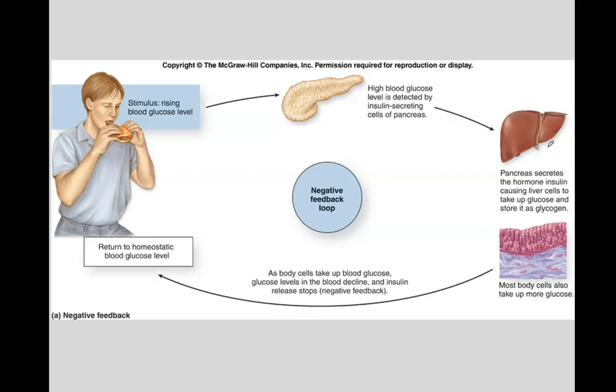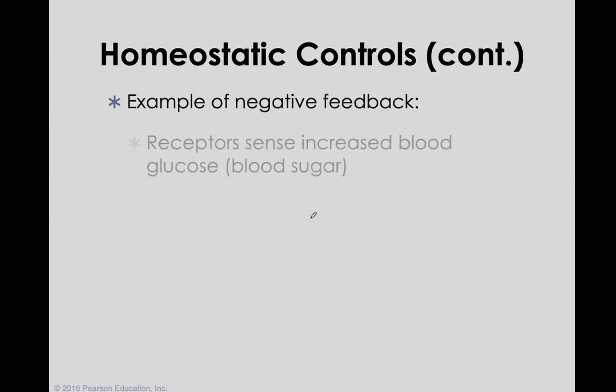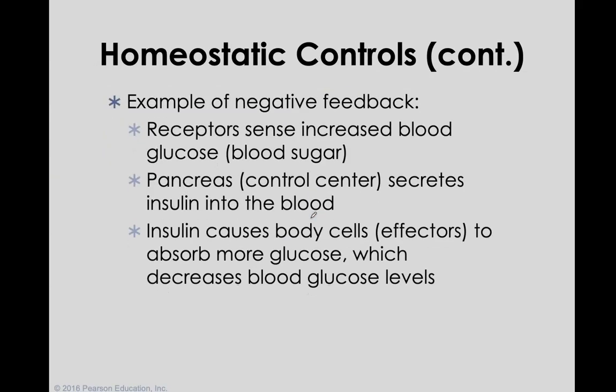And so that will bring you back to normal. So as your blood glucose level rises, insulin is released to bring your blood glucose back to normal, okay? Those are just some examples of negative feedback loops, and those are all the examples I just talked about.